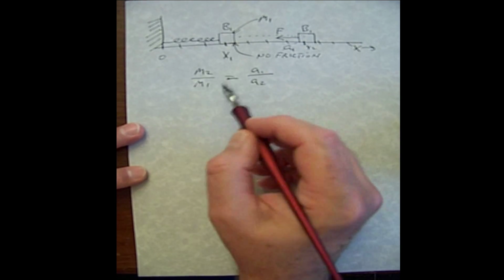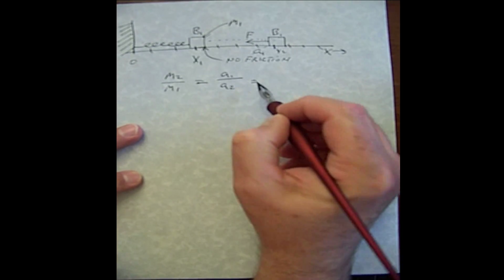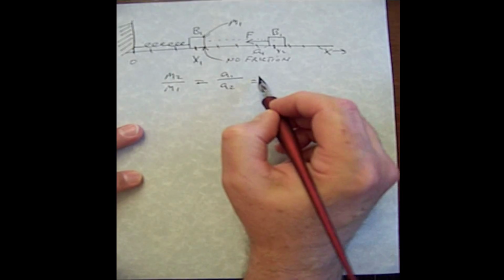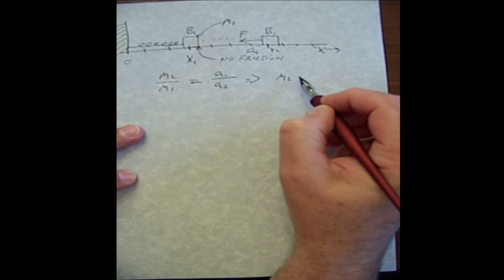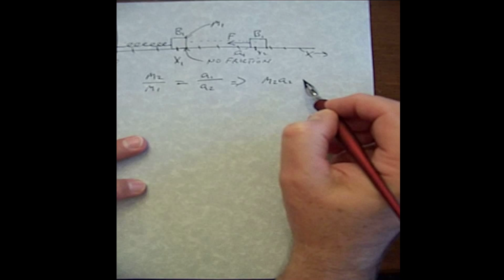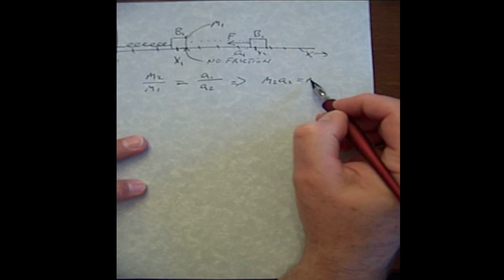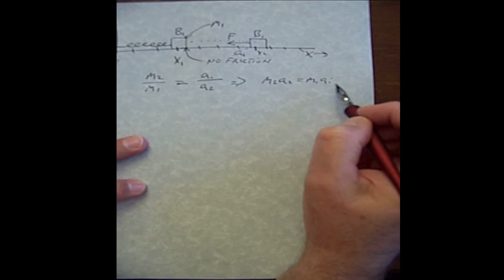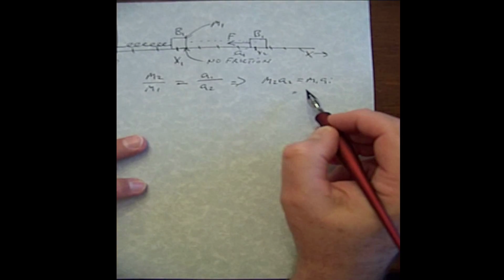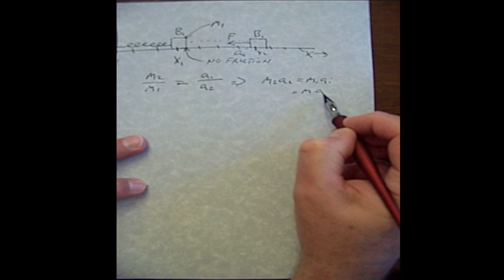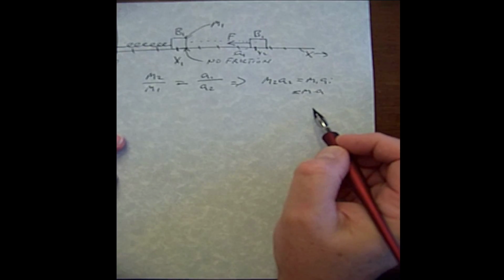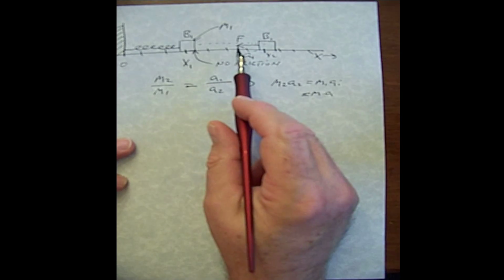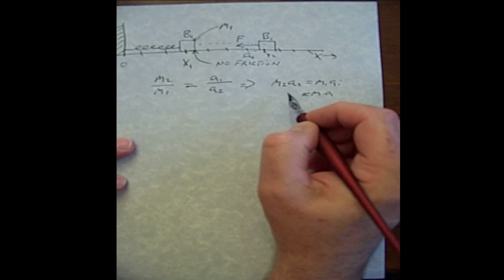Now we can multiply these two out here, and we find that m2 times a2 equals m1 times a1, and in fact equals the mass times the acceleration of any body subjected to the same force.